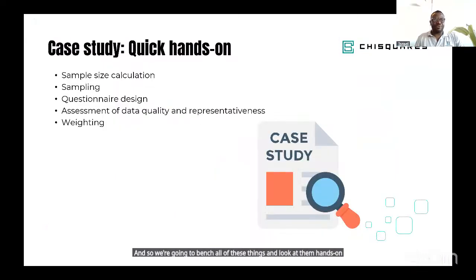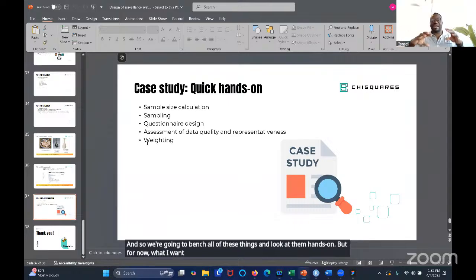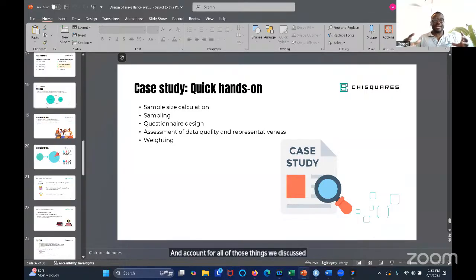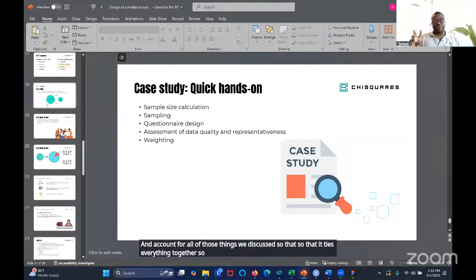But for now, what I want us to do is to look at a practical example of how we do cluster sampling. I also want to see how we can calculate sample size and account for all of those things we discussed so that it ties everything together. So our case study now includes two elements.